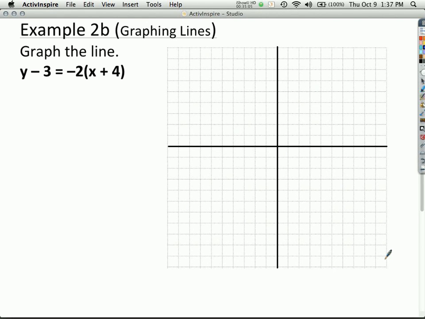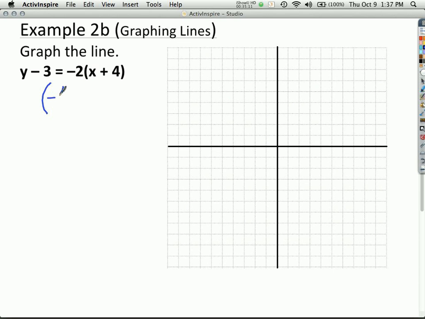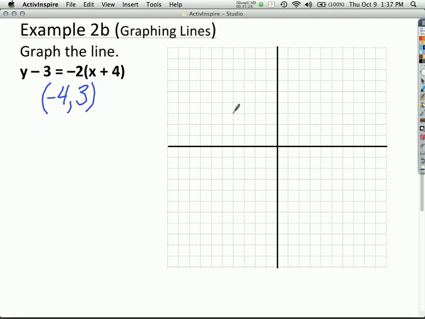Okay, and that's the hard part. And so this is a little bit harder. So the ordered pair is actually -4, 3. So remember that it's always the opposite of this and the opposite of that. So it's -4, 3, and that's our starting point. So -4, then 3.